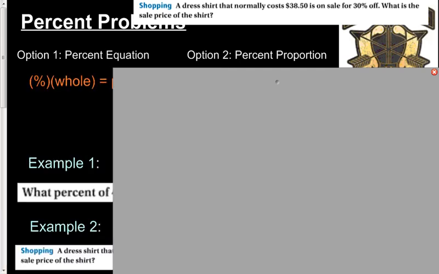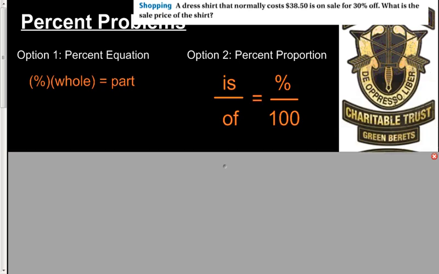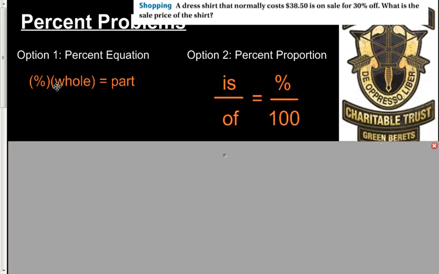The percent equation, if we're looking over on the left here, is to take the percent as a decimal. In this case, I would take 0.3 multiplied by the whole. The whole would be the normal cost, 38.50.